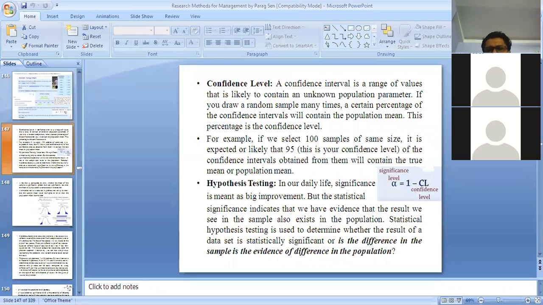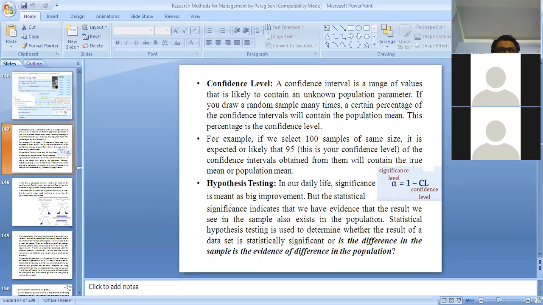Now, what is actually hypothesis testing? Hypothesis testing means you propose some hypothesis, which is known as the alternative hypothesis or research hypothesis, and you would like to test whether you can reject your null hypothesis or you cannot reject your null hypothesis. You test. It is related to inferential statistics.